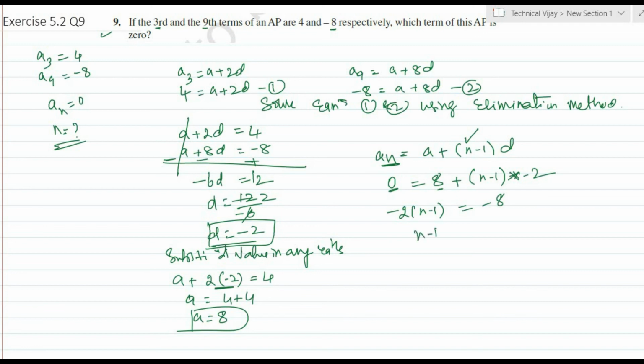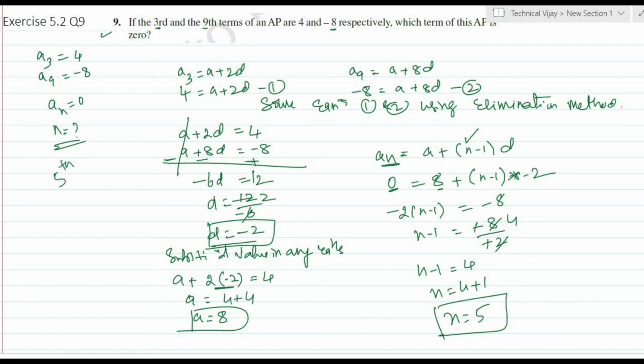So n minus 1 is equal to minus 8 divided by minus 2. That is 4, the minus signs cancel. n minus 1 is equal to 4. n is equal to 4 plus 1. So n is equal to 5. That means the fifth term of the AP will be 0.